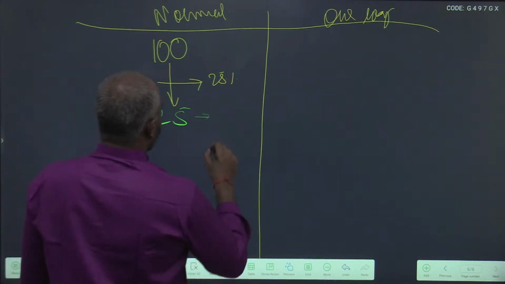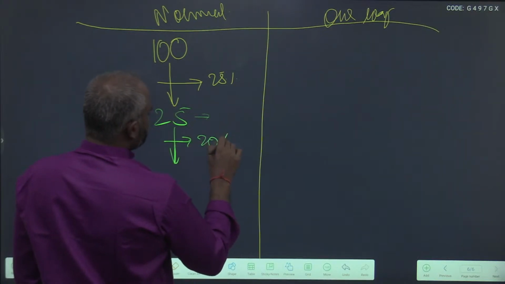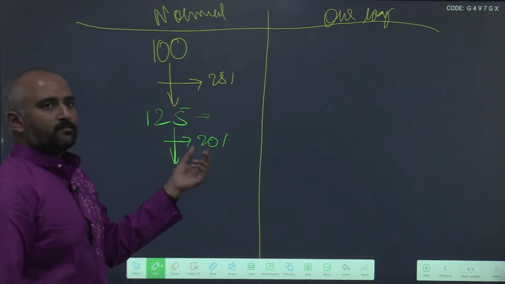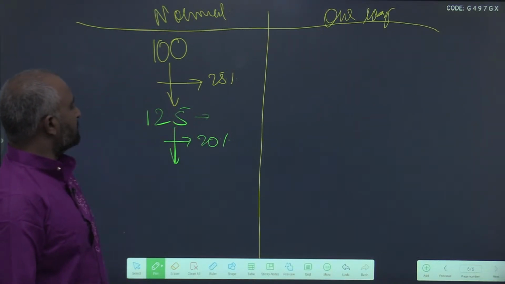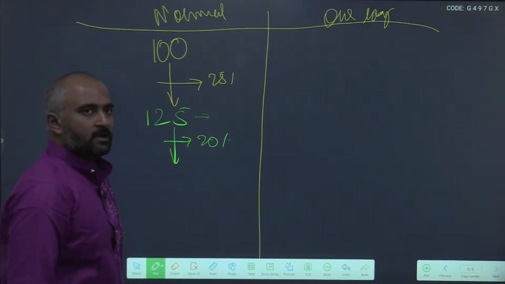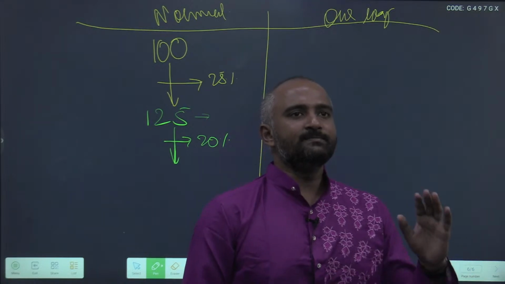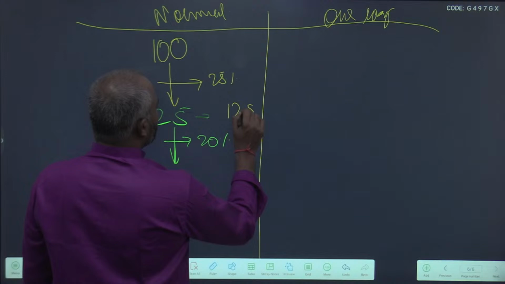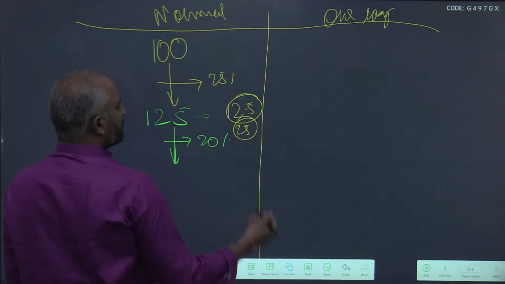Instead of calculating 20% and all, just look at this. What is 10% of 125? Just shift the decimal by one spot, so it is 12.5. So, 20% is 2 times 12.5, which is 25.